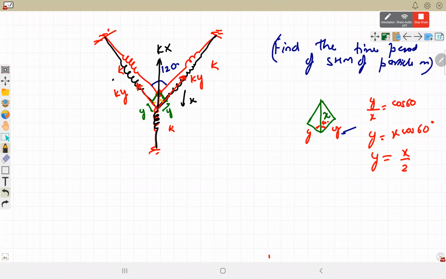Then if you resolve both, you get ky cos 60 from here and from the other side also. So the forces acting from both sides: this is kx, here the resultant of ky, and on the other side the resultant of ky.